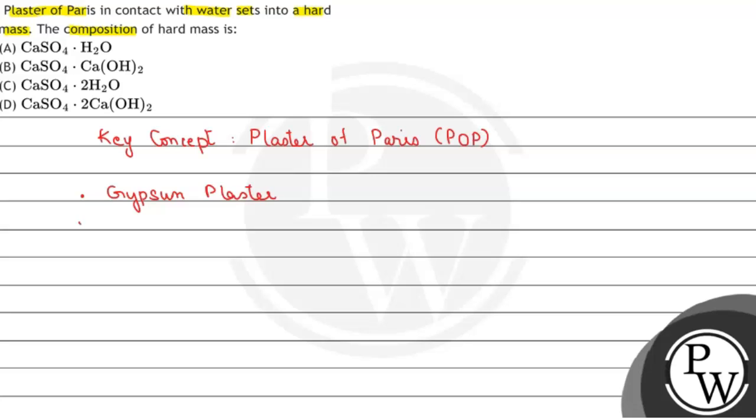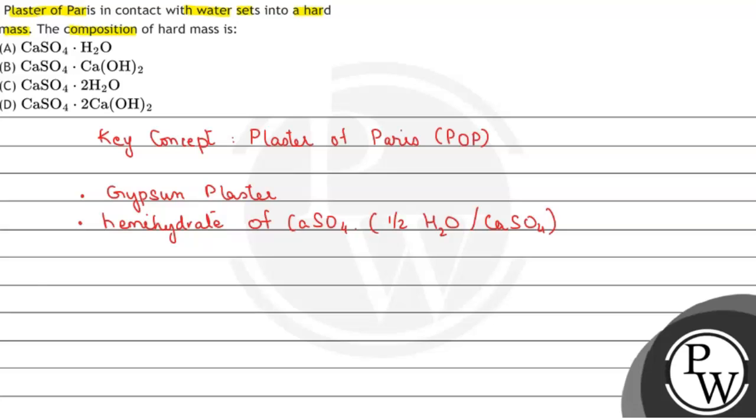It is a hemihydrate of calcium sulfate. What does this statement mean? It means that it has half molecule of water per molecule of calcium sulfate. Okay, half molecule of water per molecule of calcium sulfate.